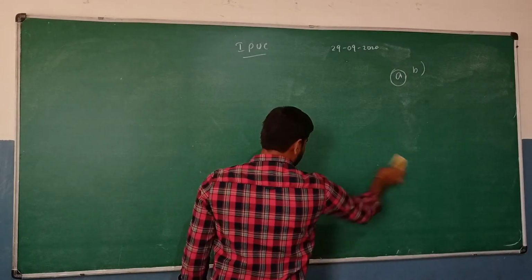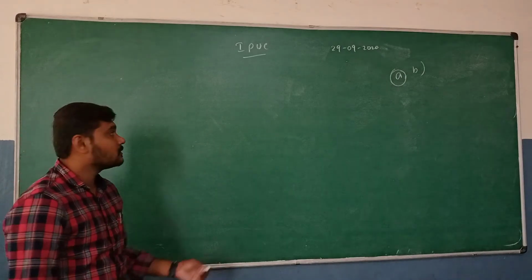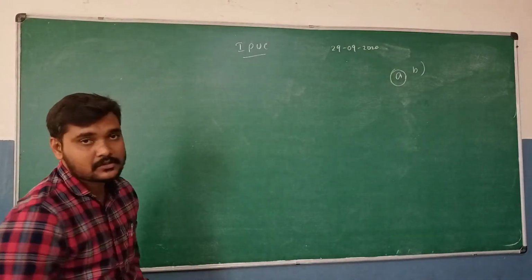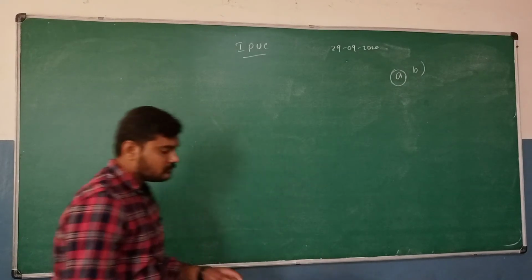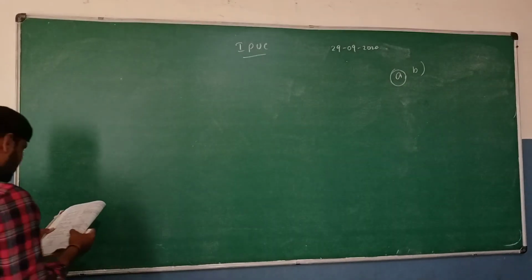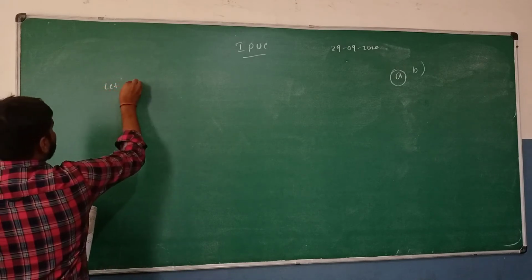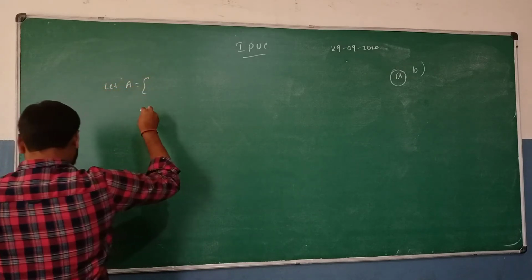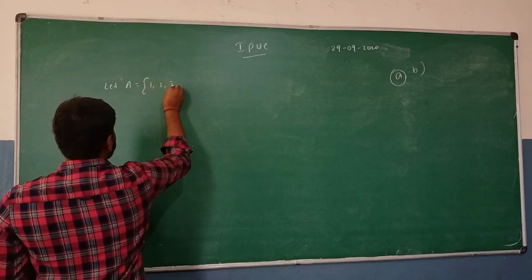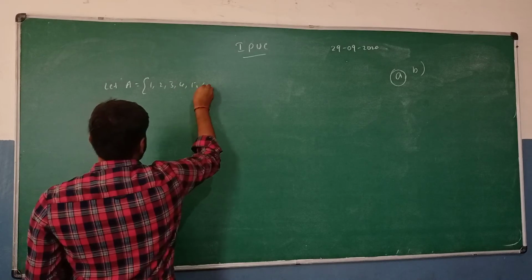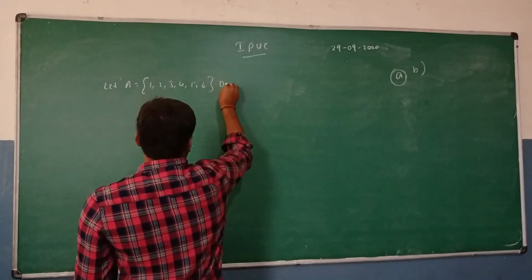So here we have some more problems that you need to solve, under the definition of relation, domain, as well as the codomain and the range. Here is the first problem. Let A is equal to 1, 2, 3, 4, 5, 6.